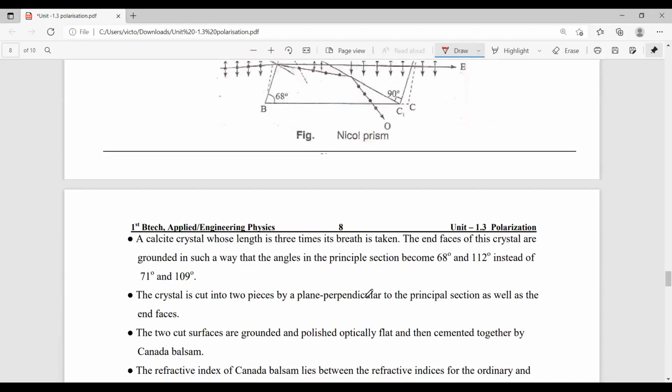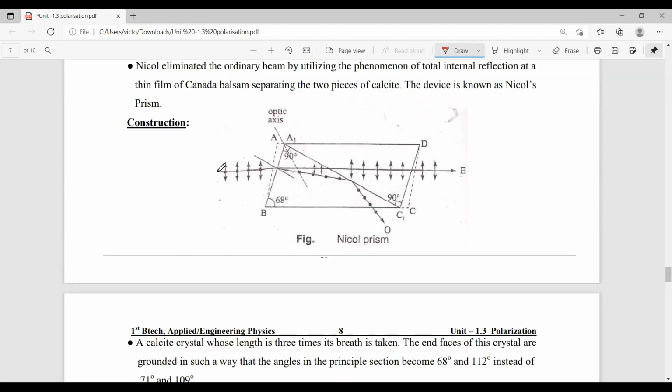Due to this, an unpolarized light is incident on this plane. It is unpolarized light, consisting of more than one direction. Actually, this is the calcite crystal. Whenever unpolarized light is incident on it, it splits into two refracted rays, the E ray and the O ray.